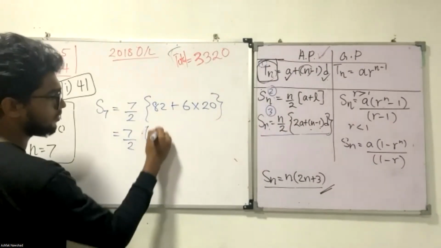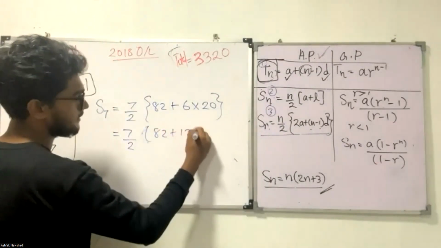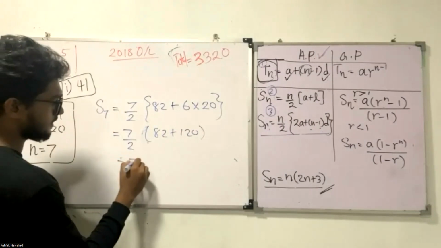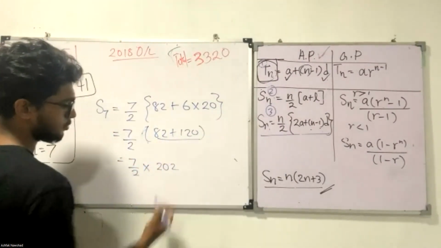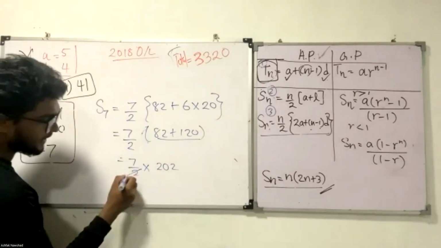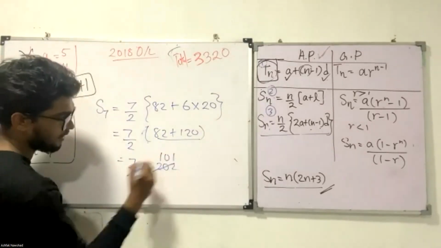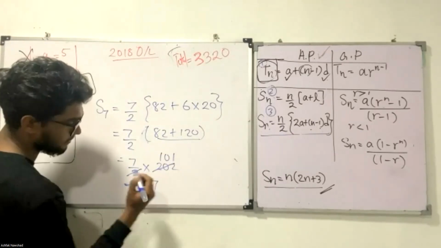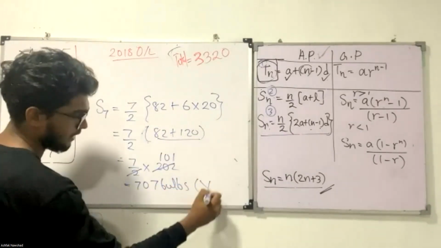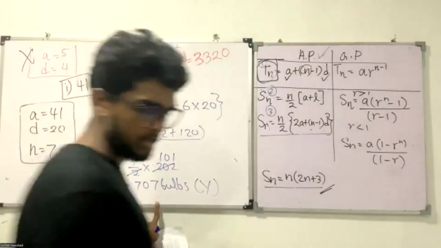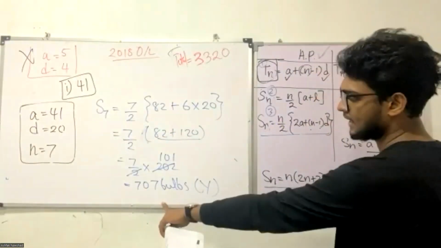Let's see, 82 plus 120 is 202. If we simplify this, it becomes 101. So the number of yellow bulbs becomes 707 yellow bulbs. This is clear.